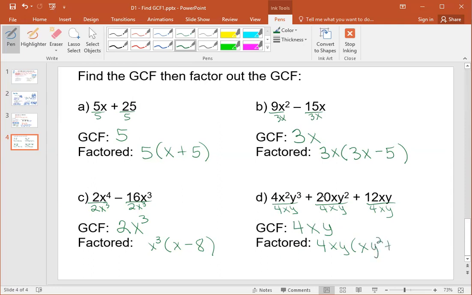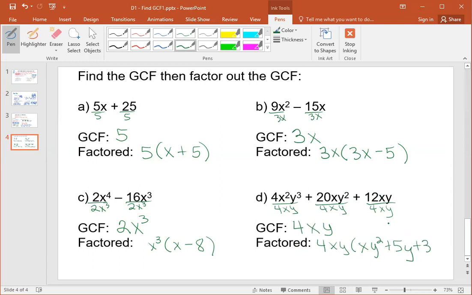Plus, I'm going to do the same thing here, 20 divided by 4 is 5. The x over the x goes away. y squared, take away a y, leaves me with 1 y. 12 divided by 4 is 3.